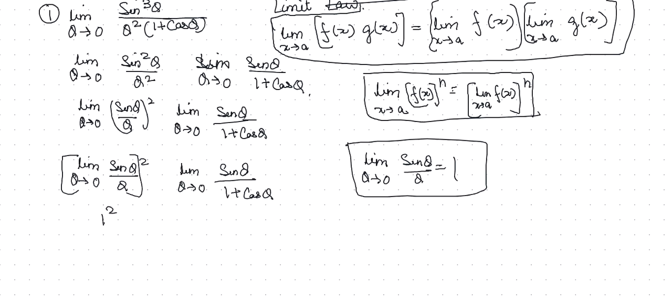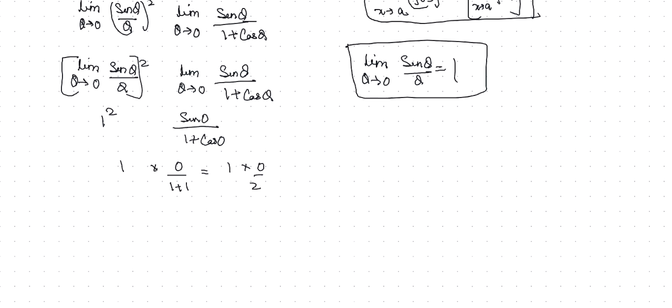Now sine of 0 over 1 plus cos 0. Sine of 0 is 0, and cos 0 is 1. So this will give us 1 into 0 by 2, and this will give us 0. So the limit of this function f(x) is 0.